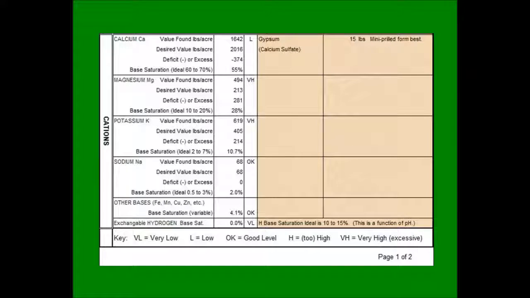The first one there, calcium, is low, and so we're going to add gypsum, calcium sulfate, at 15 pounds per 1,000 square feet, in a mini prilled form. The other ones are very high or okay, so we don't need to add those. The exchangeable hydrogen down here is just sort of an indication of your pH.